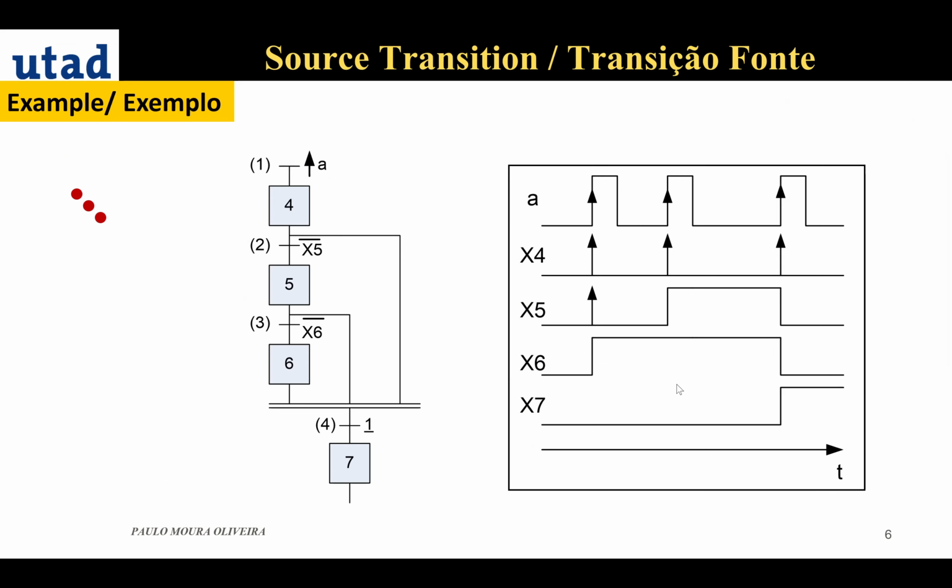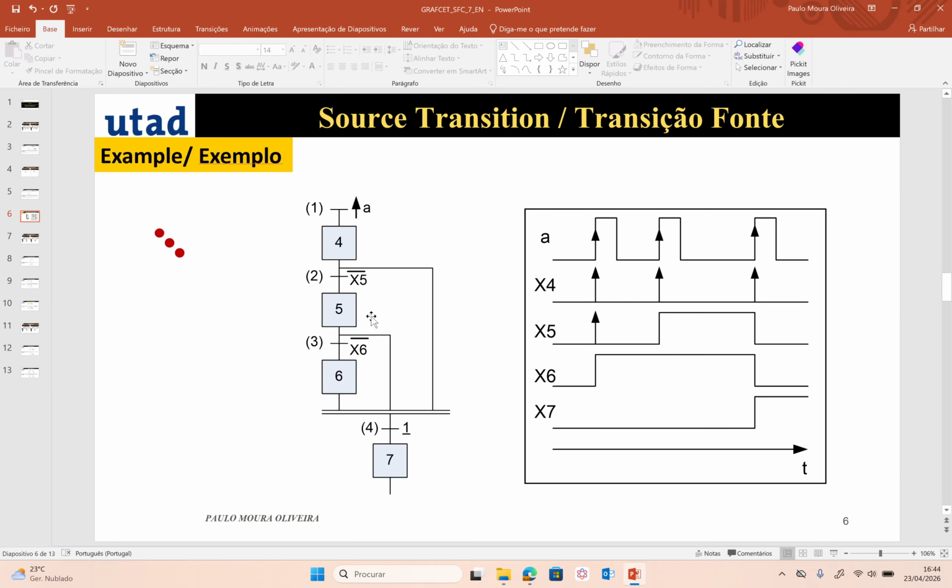We have this example, and I'm going to change from the presentation mode to make a demo. What is going on here? In this example, when we get the first rising edge of the variable A, the token goes to step 2, as you can see here.